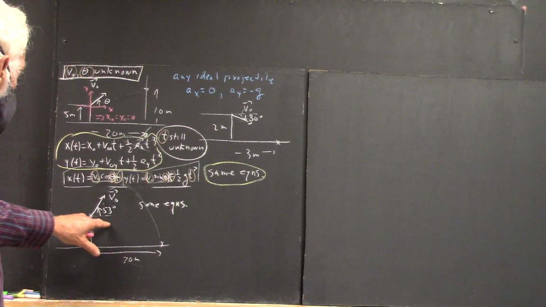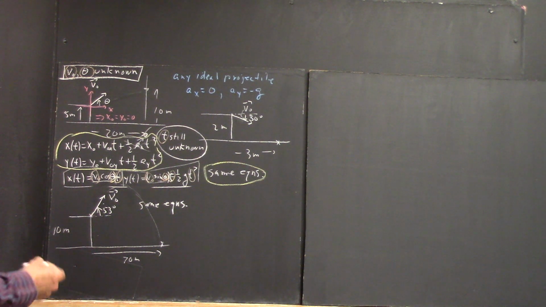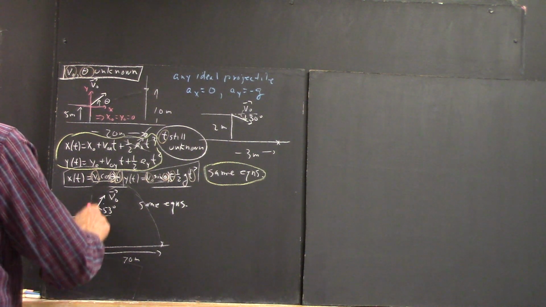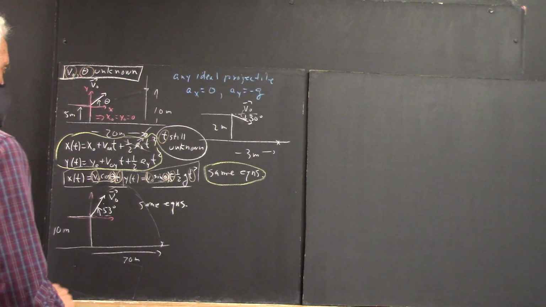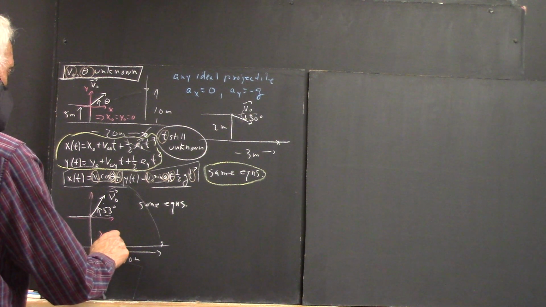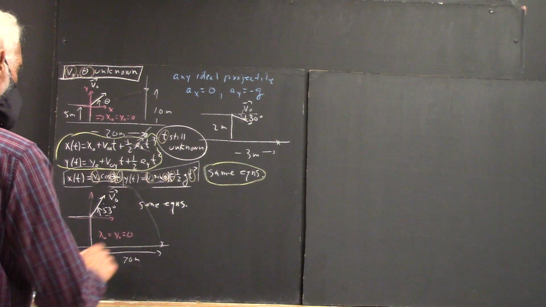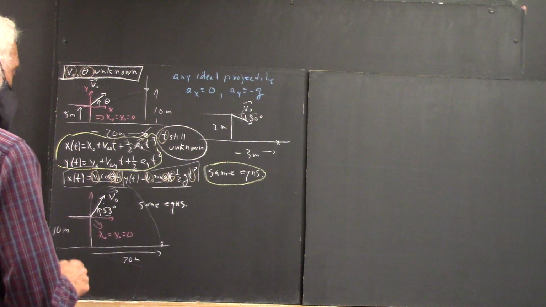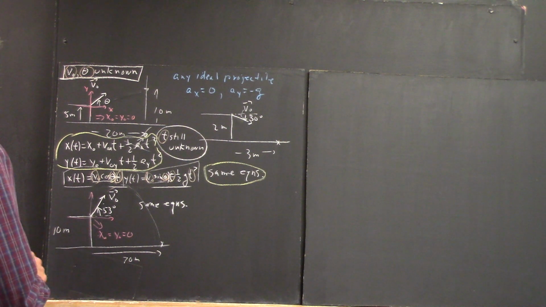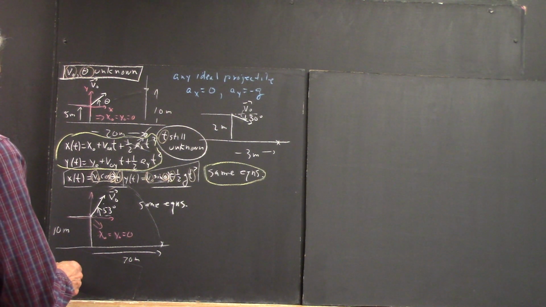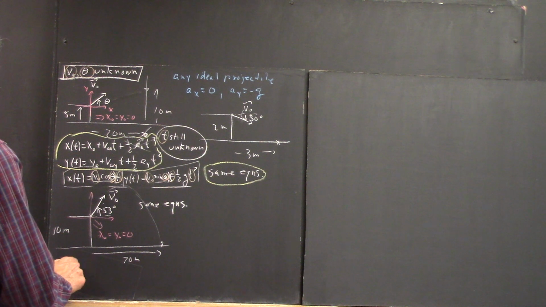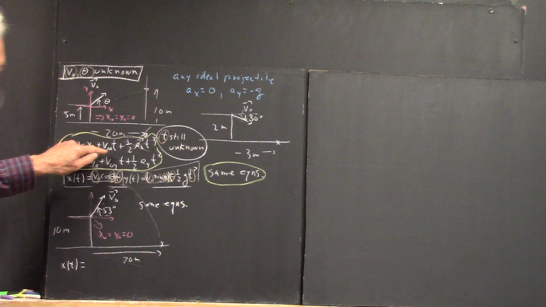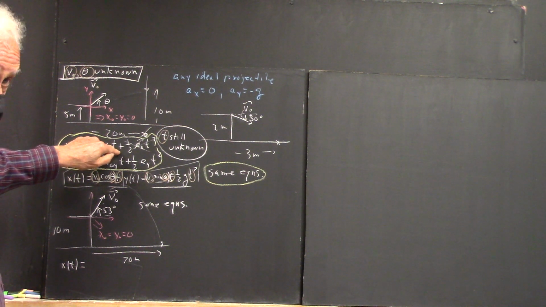So in this case, what do you know? First of all, it's probably a good idea to put the origin of coordinates here. Coordinate system here means that x naught and y naught are both 0. So you have x of t equals what? Well, it's v naught x times t, right?